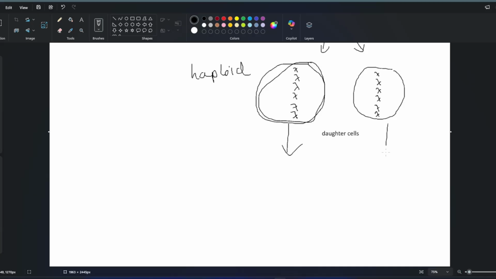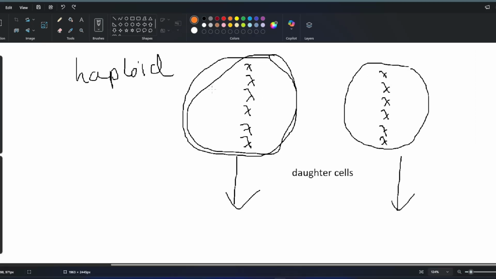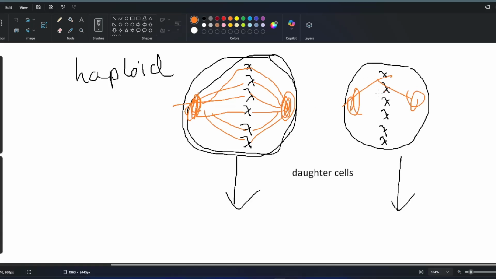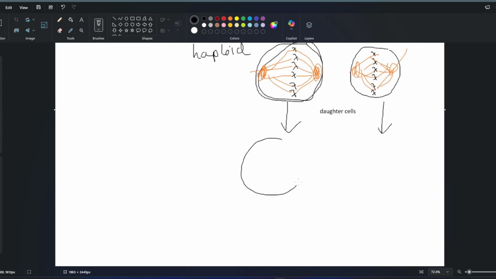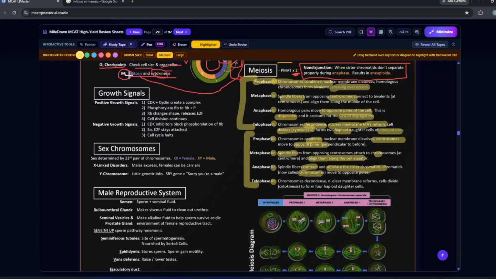This will split and this will split. Let me show you the process of the splitting. The centrosomes are pulling apart, lots of pulling happening. Even on this one, the same thing is happening, pulling, right? Pulling them apart, and now it looks like mitosis. This looks like mitosis.